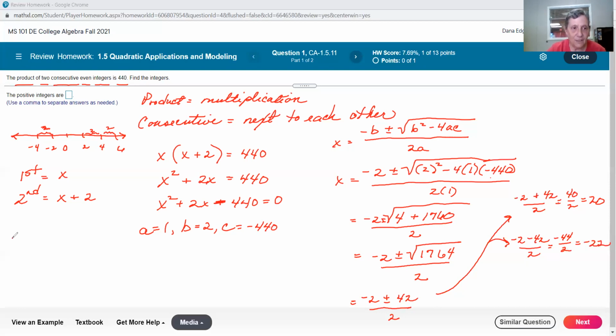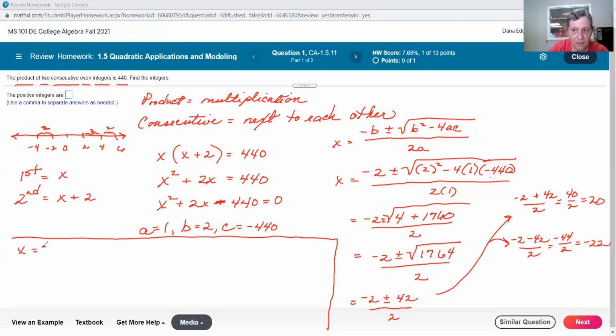Now, one thing that tends to confuse people is that looking at this, they want to say, okay, the integers are going to be 20 and negative 22. These are both even integers, but these are not consecutive even integers.